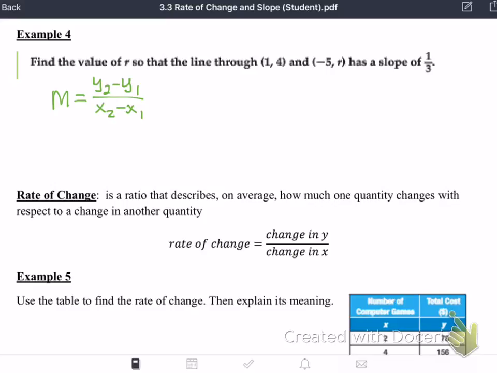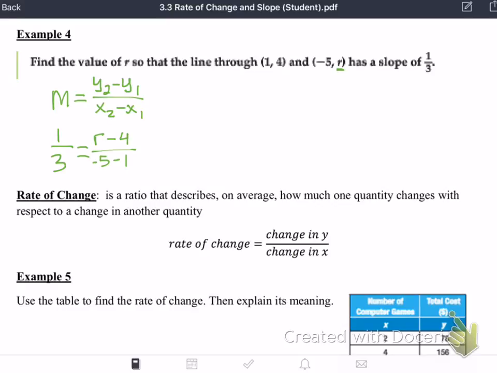We know this formula, so I'm just going to plug in all the things that I know. Do I know my m? I do know my m, I know that it's 1/3. Do I know y2? My y2 is actually this missing piece right there. So I could do r minus, do I know my y1? -4, over x2, which is -5, minus 1.